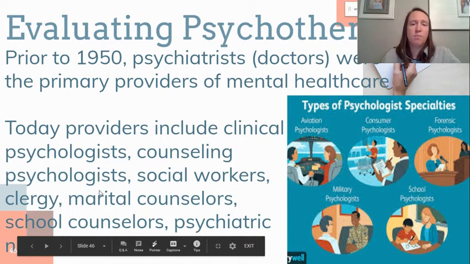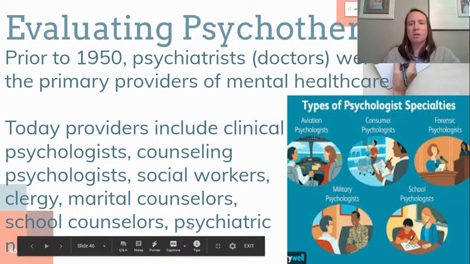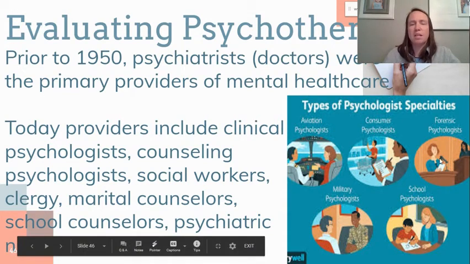That's probably one of the most commonly seen types of therapy. People go to marriage counselors, go to marriage therapy. School counselors, psychiatric nurses, which are more on the medical doctor side, and more. There's a ton of different types. They help industries, like there's industrial ones. They help businesses, the military, schools, forensic, crimes, police, you name it.